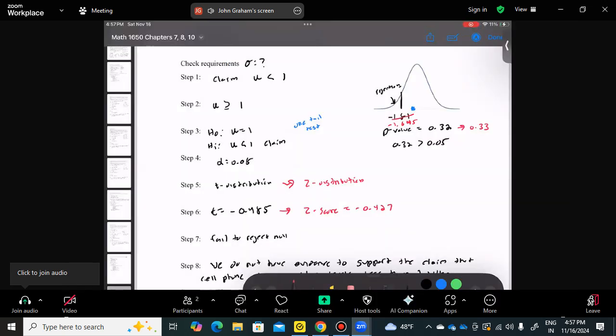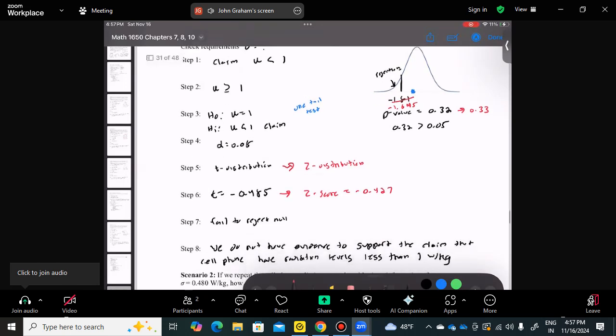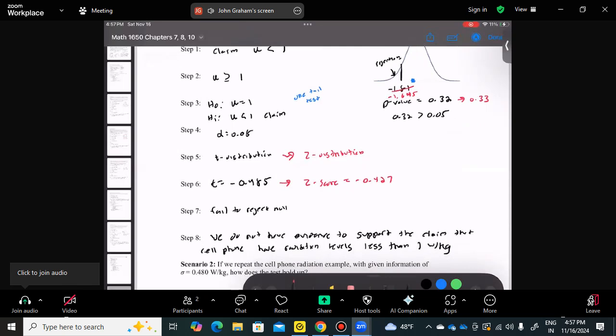So a couple of things have changed. Everything that has changed is in red. What hasn't changed is the results. Our p-value actually got higher, so it's definitely going to be a fail to reject. Notice the critical value also changed.